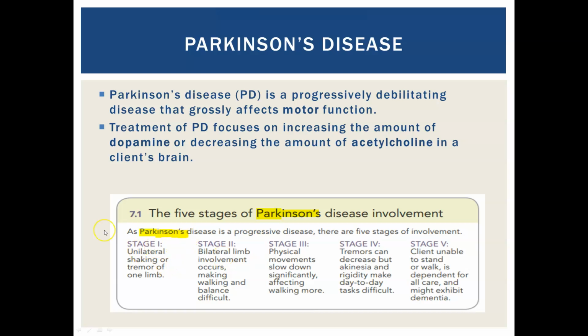Again, I don't think that you're going to be asked to identify the 5 different stages of Parkinson's disease on NCLEX. It's a progressively debilitating disease that affects the motor system. Right, and as we go, we're going to diagnose it probably based upon the client's signs and symptoms, and then we're going to do health promotion activities that are going to help the client maintain their normal ADLs.